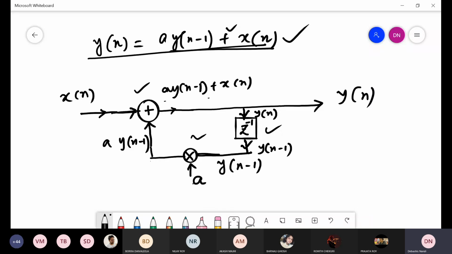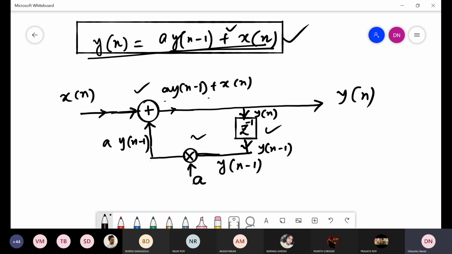If the discrete time system is described with the help of an input-output equation, a difference equation, then that can be realized with the help of different blocks, that is adder, subtractor, multiplier, delay unit, etc. One of the most important realizations is this.